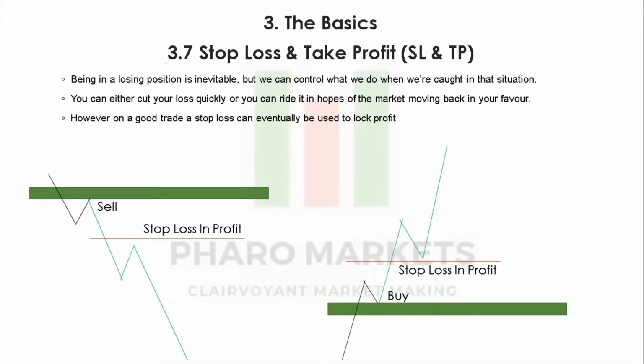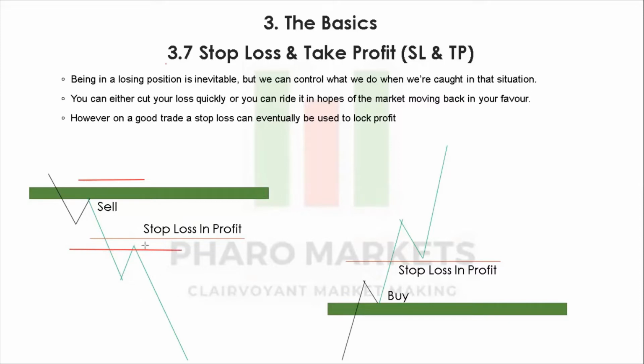However, on a good trade, a stop loss can eventually be used as a tool to lock your profit. Like I said, if you're selling, your stop loss goes above your entry point, right? So let's say this was your sell. Now let's say you see price goes into profit immediately, and you see your pullback, and for some reason you see that price correlates with this over here and price holds, and you see price dropping all the way down.